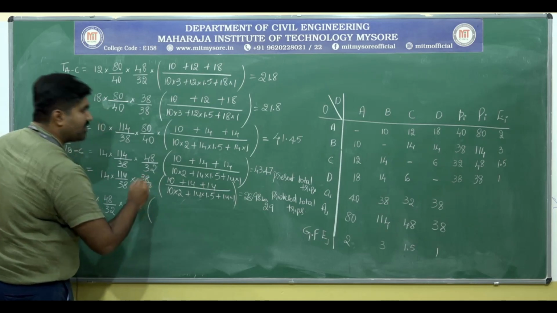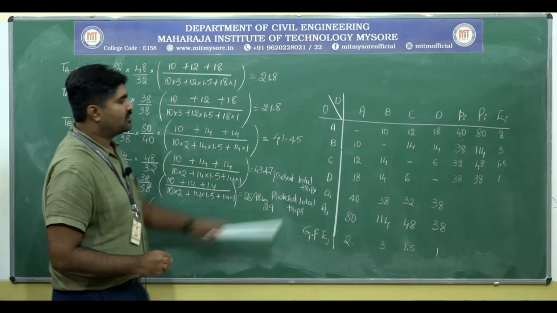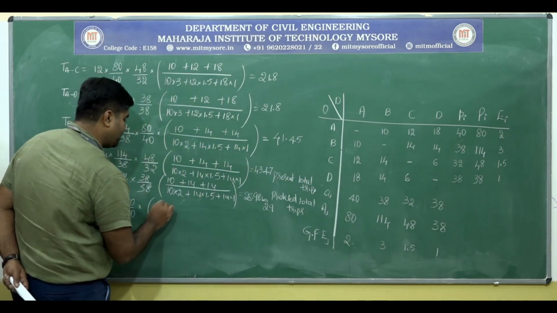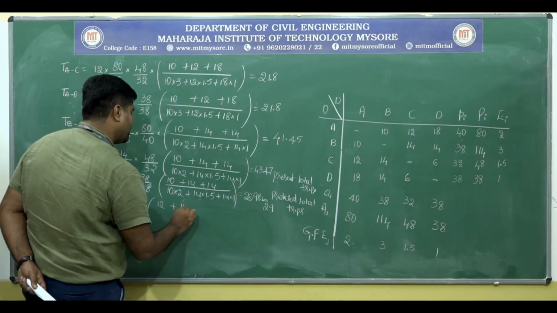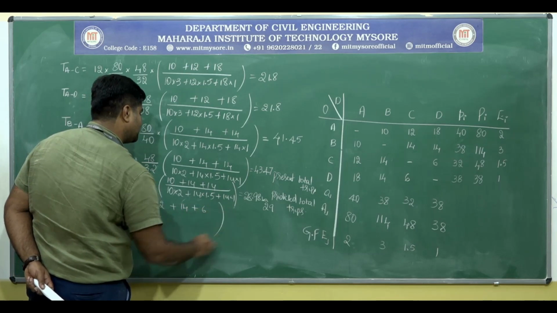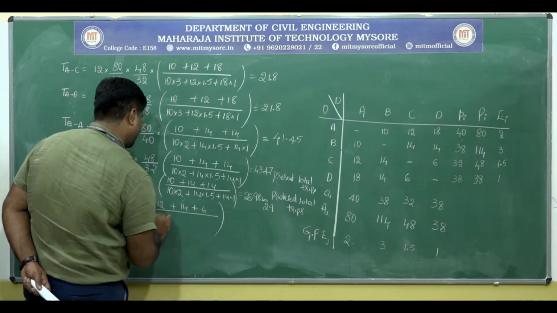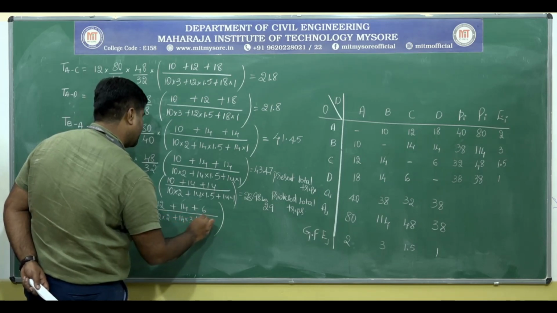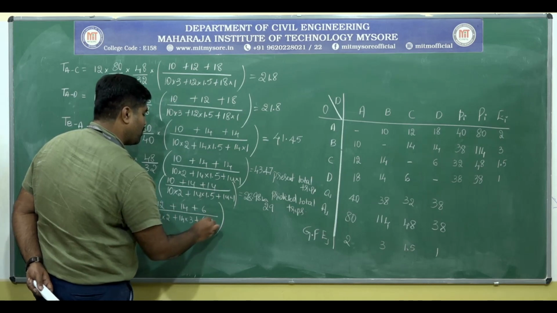Next, total number of trips, 12 plus 14 plus 6, divided by 12 into 2 plus 14 into 3 plus 6 into 1.